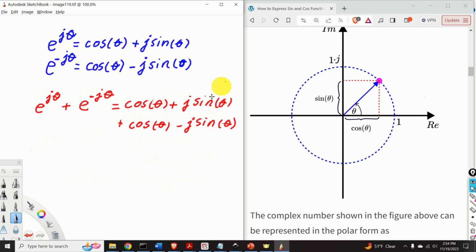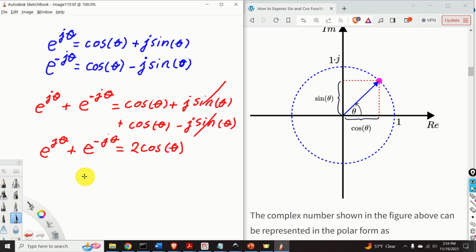Now, these two terms can be cancelled, and finally we obtain this expression, e to the power j theta plus e to the power minus j theta is equal to 2 cosine of theta.